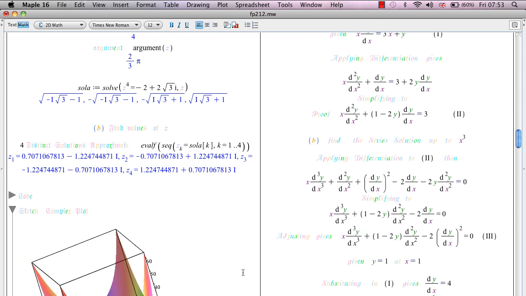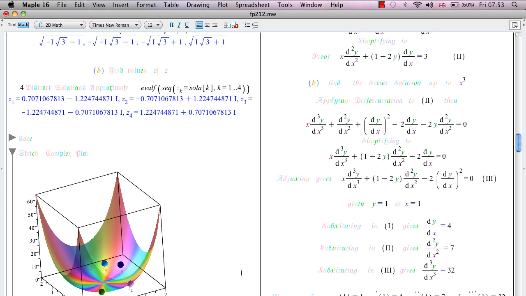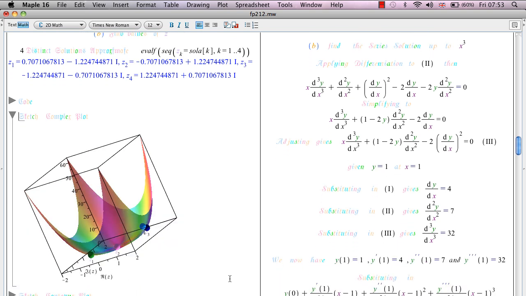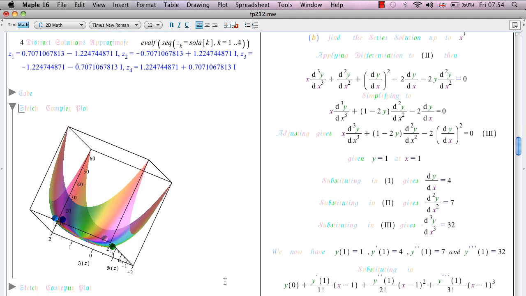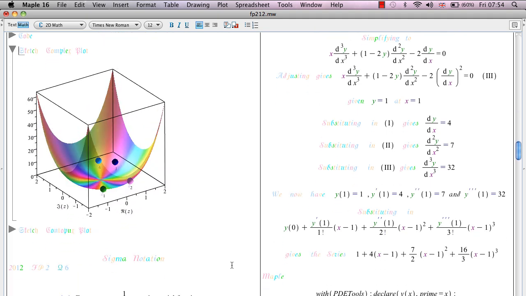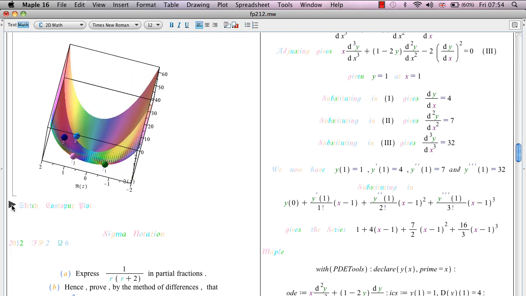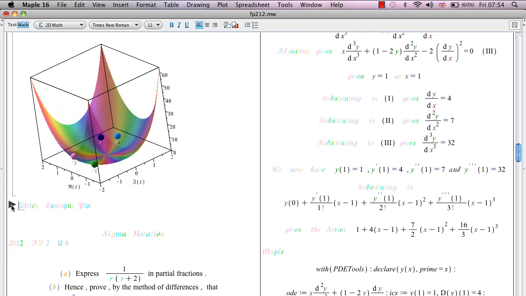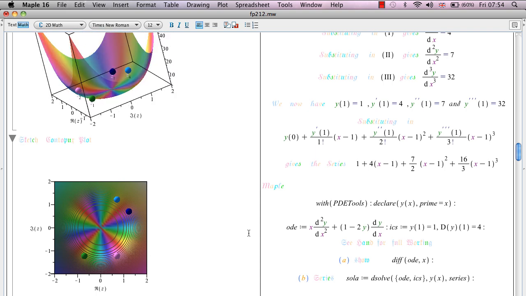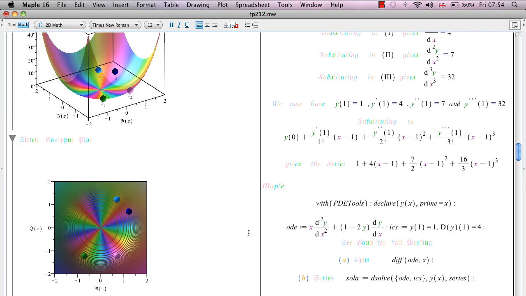And the complex plot here shows the 4 roots. The complex plot evaluates the modulus of z and plots on the z-axis. And looking down on the xy plane, you can see the four roots here.